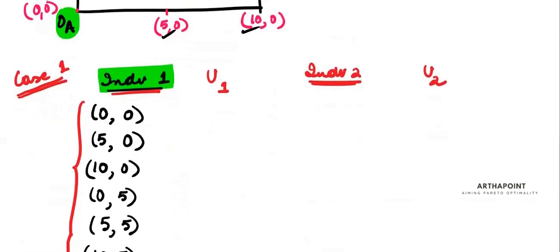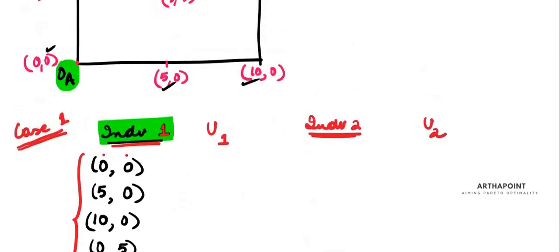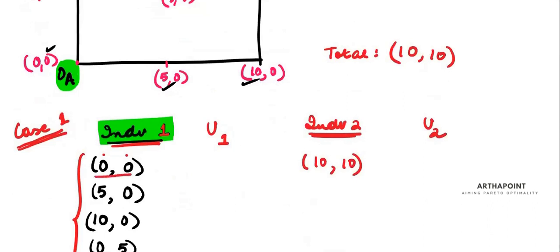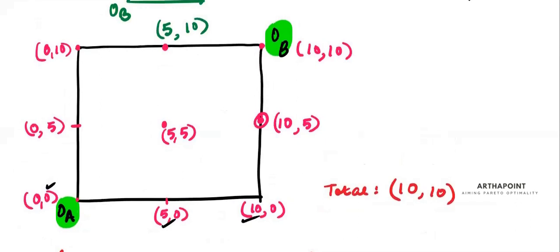Now, let's take this forward. So see here. When individual 1 has 0 units of both the goods, and I know that the total amount available in the market is 10 units of good 1 and 10 units of good 2, then individual 2 will have all the goods. So 0, 0 is a point which is here.